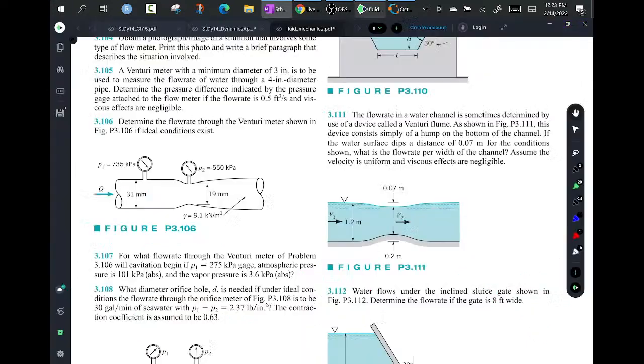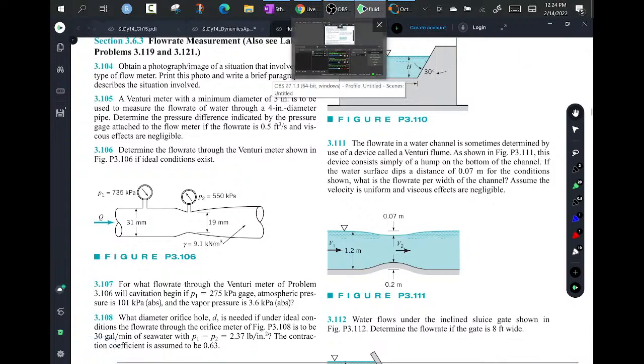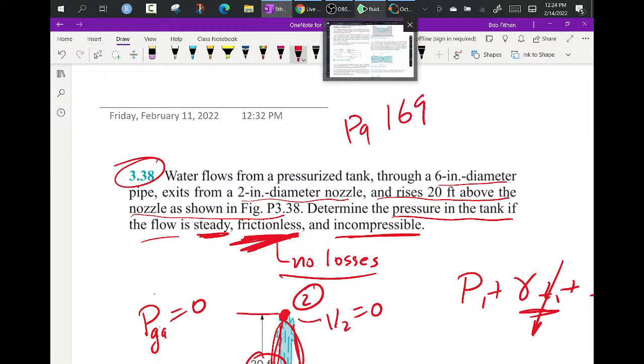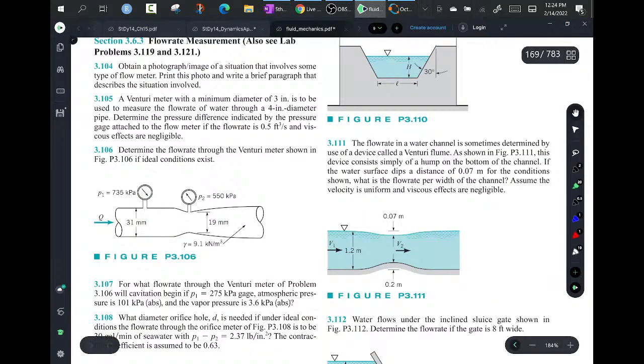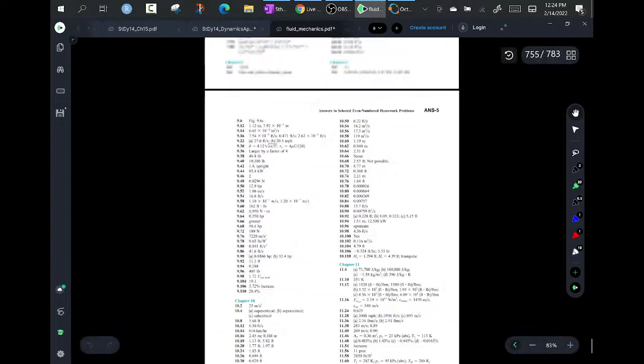I'm on page 169. I'm going to write that down because I'm going to need to come back to here. And I'm looking at column 338.